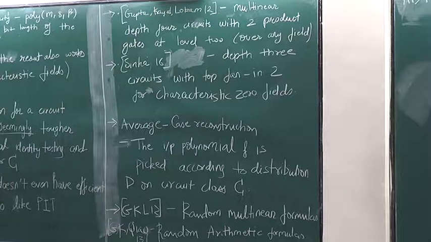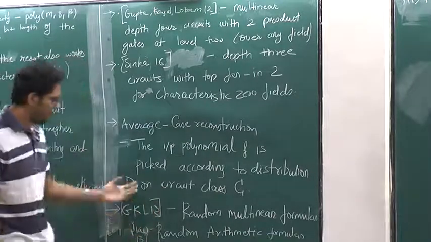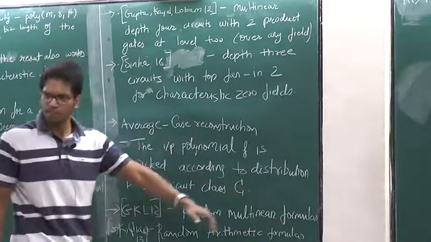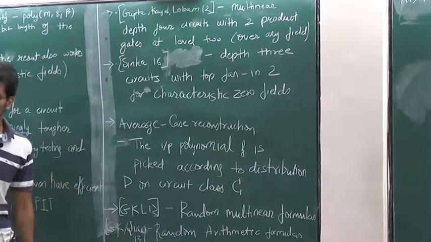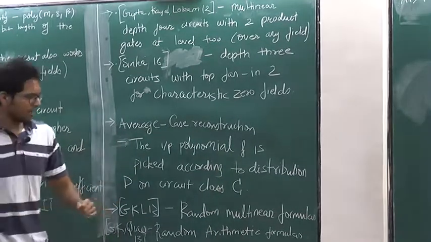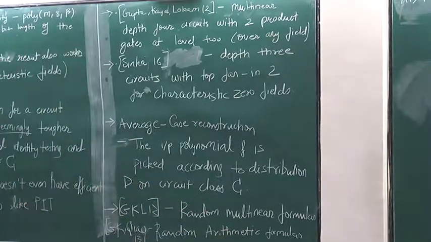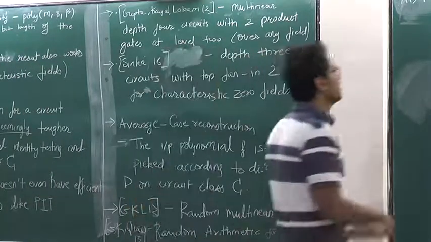This question initiated this work, and it was already looked at for some important models like random multilinear formulas. Gupta, Kayal, and Lokam gave an efficient randomized reconstruction algorithm, and even for arithmetic formulas, which is quite a strong model, they again gave a randomized algorithm. This motivates the model and the question here.